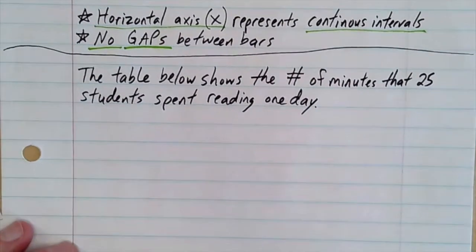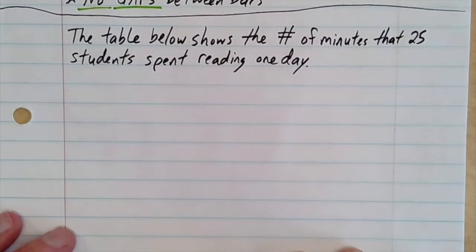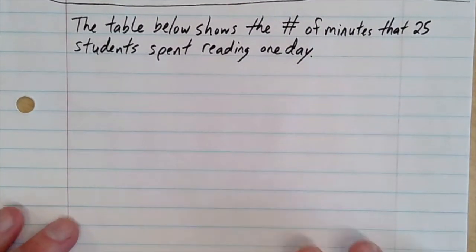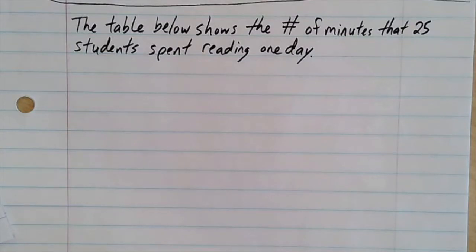So this is kind of explaining what our table down below is going to be. The table shows the number of minutes that 25 students spent reading each day.